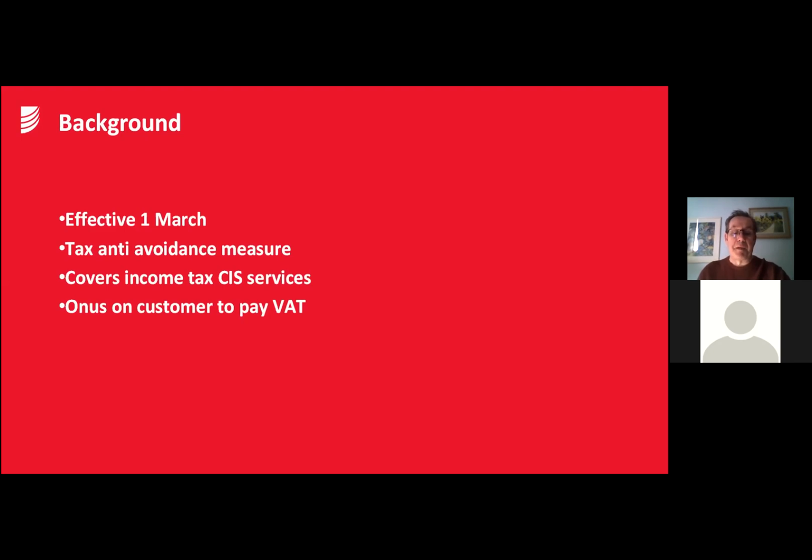It will be able to reclaim this VAT as input tax subject to the normal rules, and so in most circumstances the net result to the customer will be nil. The supplier will still need to issue a VAT invoice, but that invoice needs to indicate that the supplies are subject to the reverse charge, and that it is therefore the customer's responsibility to account for the VAT.